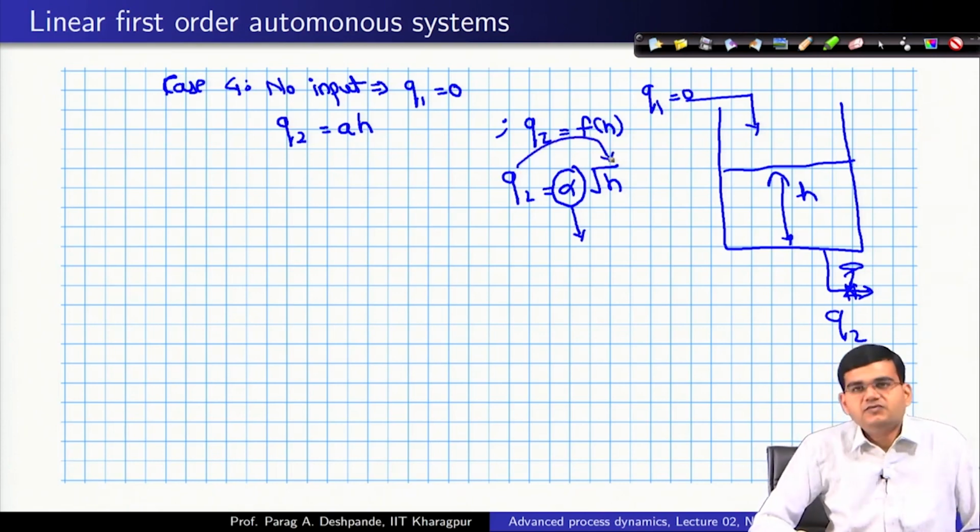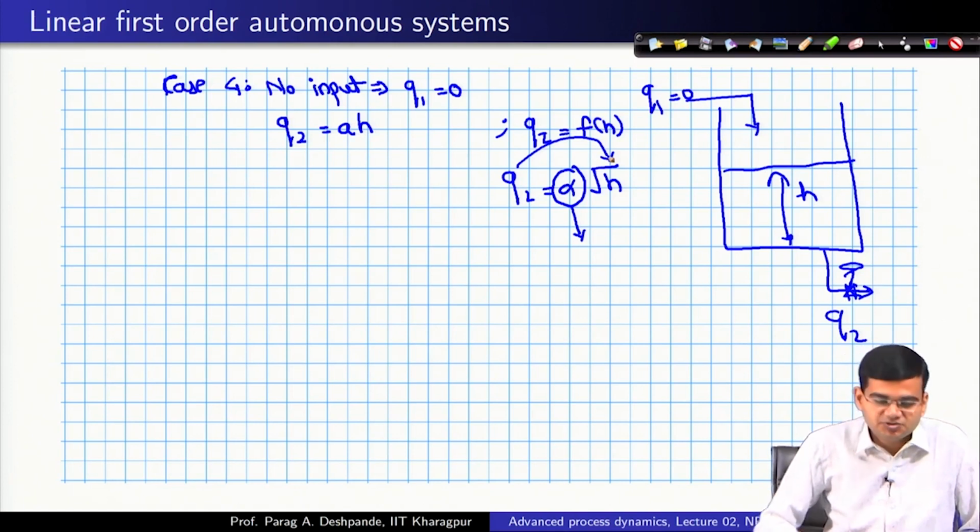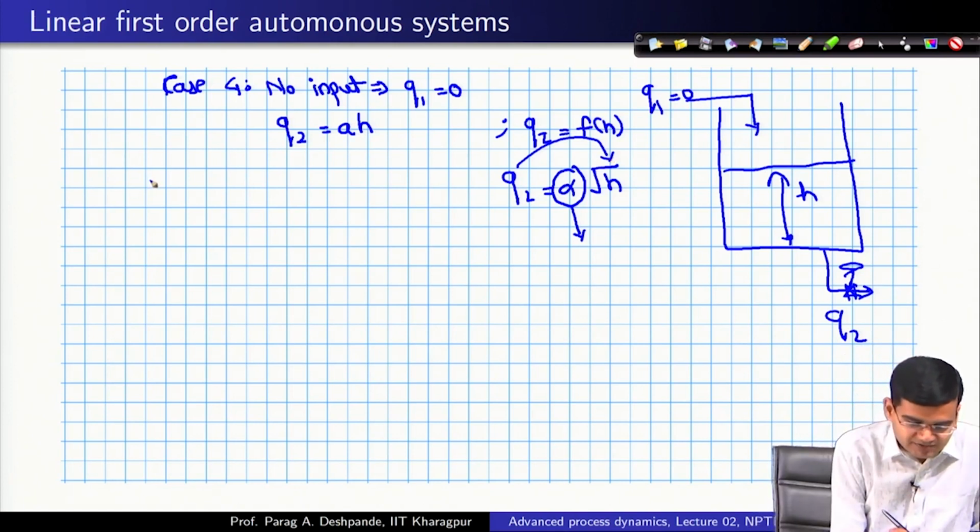Now, if you have a valve which is designed such that q 2 is A, which can be referred to as the valve coefficient, times h, what will happen to the model equation?